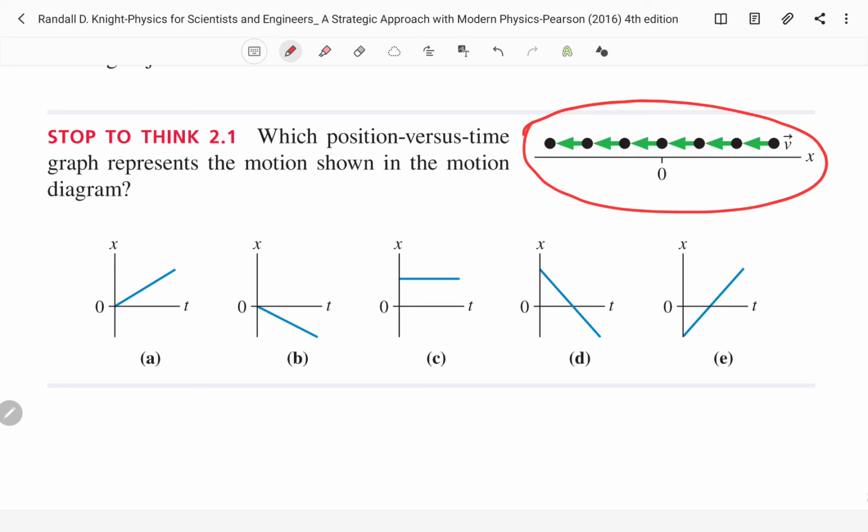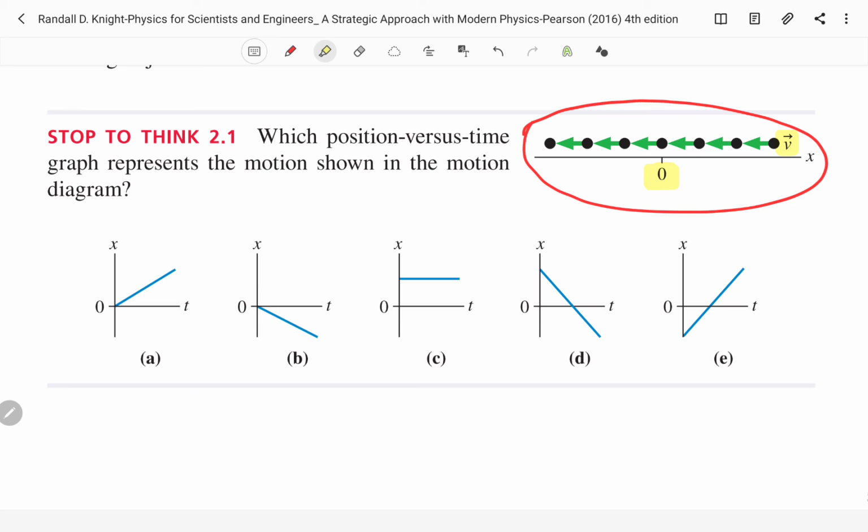You see the origin is here, 0. To the right it's positive, to the left is negative. And this green arrow is velocity, and this arrow is directed to the left. So basically it's moving in the left direction.